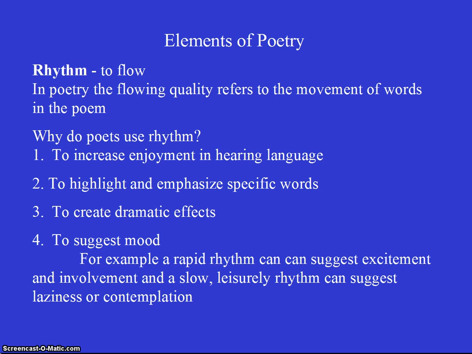One, they can increase the enjoyment in hearing language. To highlight and emphasize specific words in a poem, to create dramatic effects, or to suggest mood. For example, a rapid rhythm can suggest excitement and involvement, and a slow, leisurely rhythm can suggest laziness or contemplation.